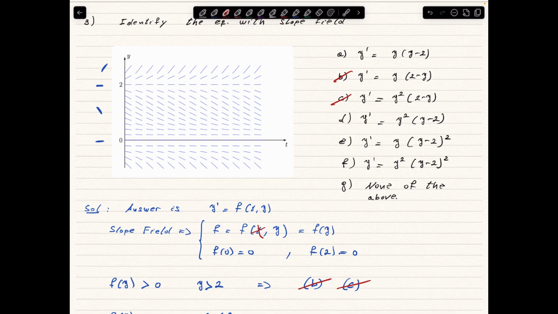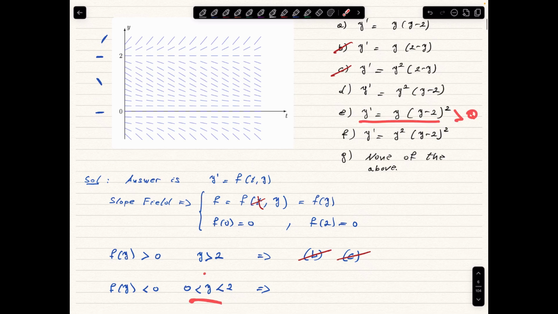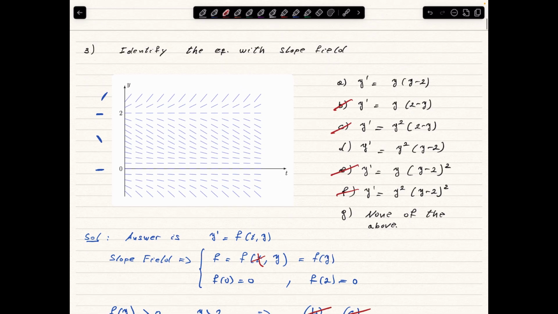So the whole equation E is positive in this interval, and we want it to be negative, so that cannot be. The same for the next one, because of the things we square here. So these options eliminate E and F. E and F both have to go. And now we have only two options, A or D.